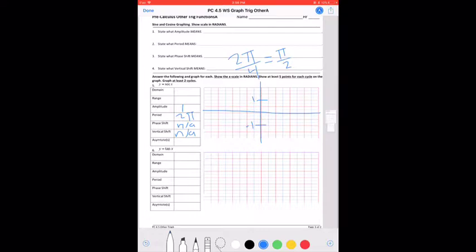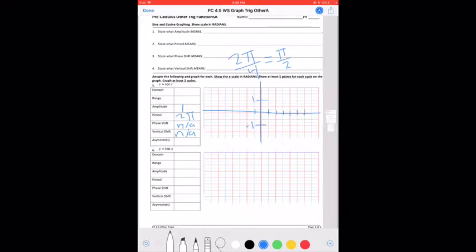So if I count over to the right, I have 4 red lines, and then to the left, 4 red lines. So that might be good enough. I'm just going to go with every line period, so that way I don't have to try to balance it. So that means every tick mark here that I'm putting on my x-axis is going to be pi over 2.